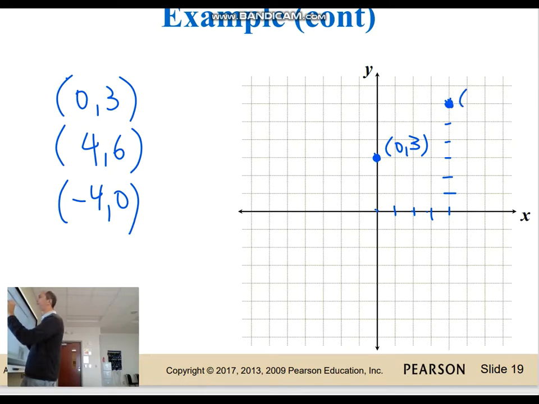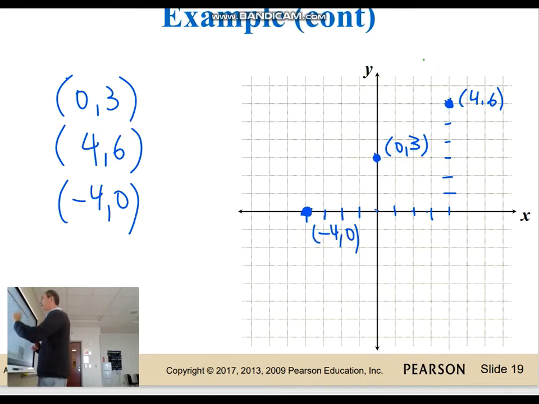This is 4 and 6. And the last one, negative 4 and 0. So negative 4, 1, 2, 3, 4, and y equals 0 means we don't move up or down, we just stay here with negative 4 and 0.